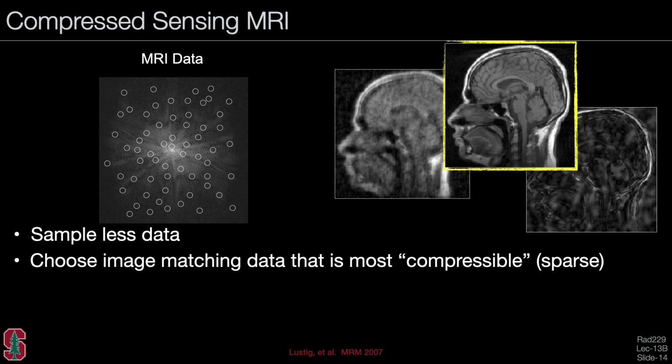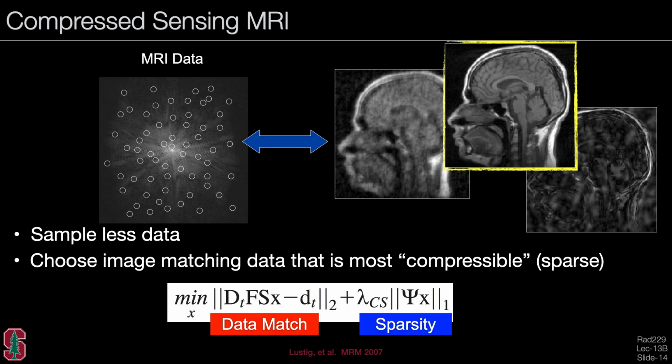As long as we find the image that is most compressible, which is consistent with the data, this will give us the right result. And this is the constrained reconstruction that's typically used for compressed sensing, where there are two components. One is enforcing sparsity, and one is trying to enforce consistency with the data that were actually sampled.